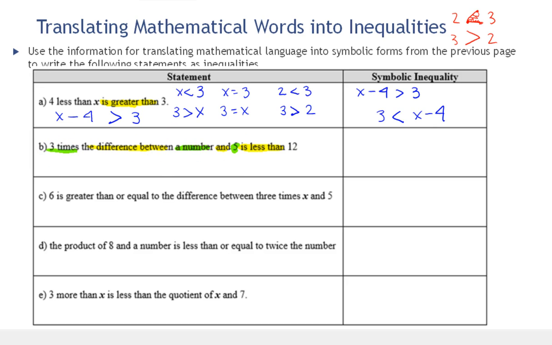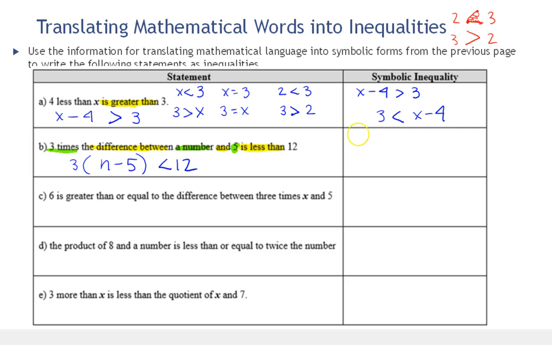So remember, that means to find 3 times the difference, we need to put the difference in parentheses. So we multiply the whole difference by the 3. So a number and 5, I'm going to use n for the number, and 5. And then we have is less than 12.